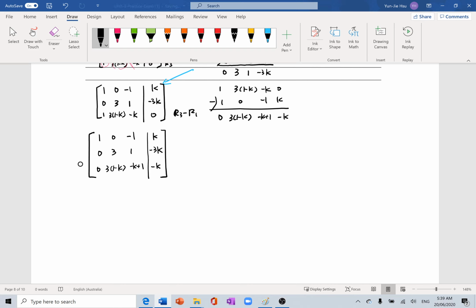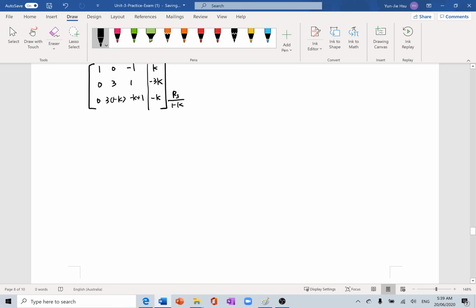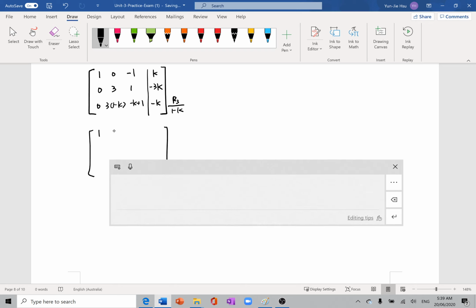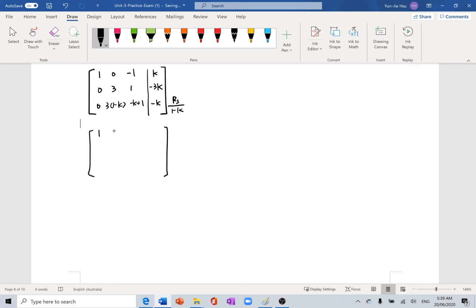Okay, now I will make R3 divided by 1 minus k. So what happened? R3 divided by 1 minus k. So this one we don't need to do the row addition and subtraction. You can get 1, 0, negative 1, k; 0, 3, 1, negative 3k.